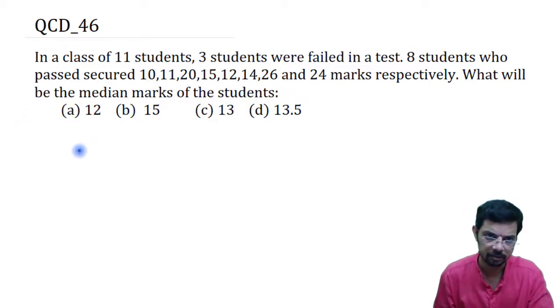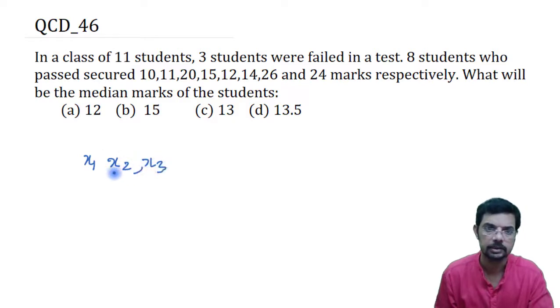So we shall take x1, x2, x3 as the marks of the 3 students who failed the exam. And then we shall arrange the remaining marks in an ascending order.